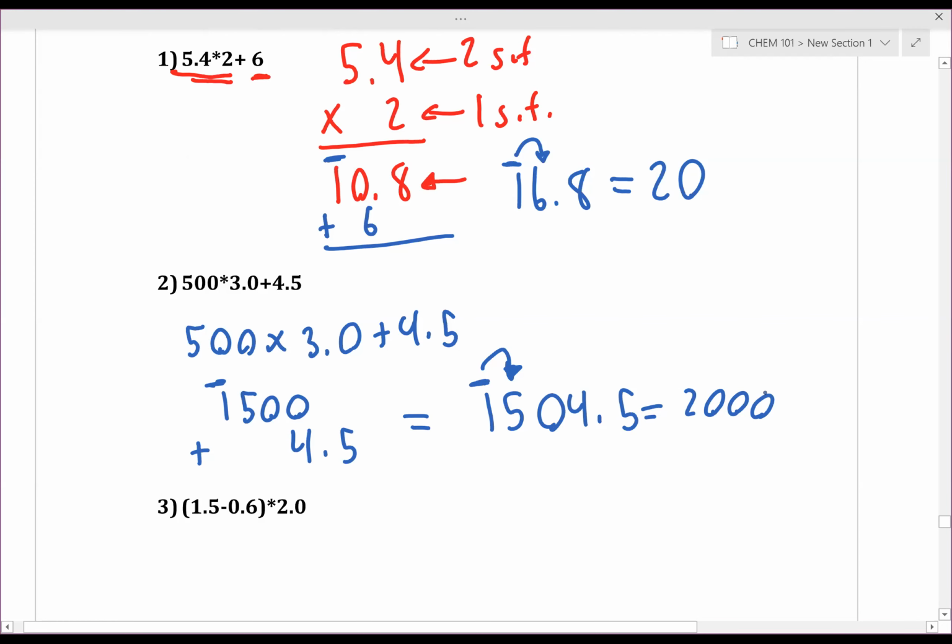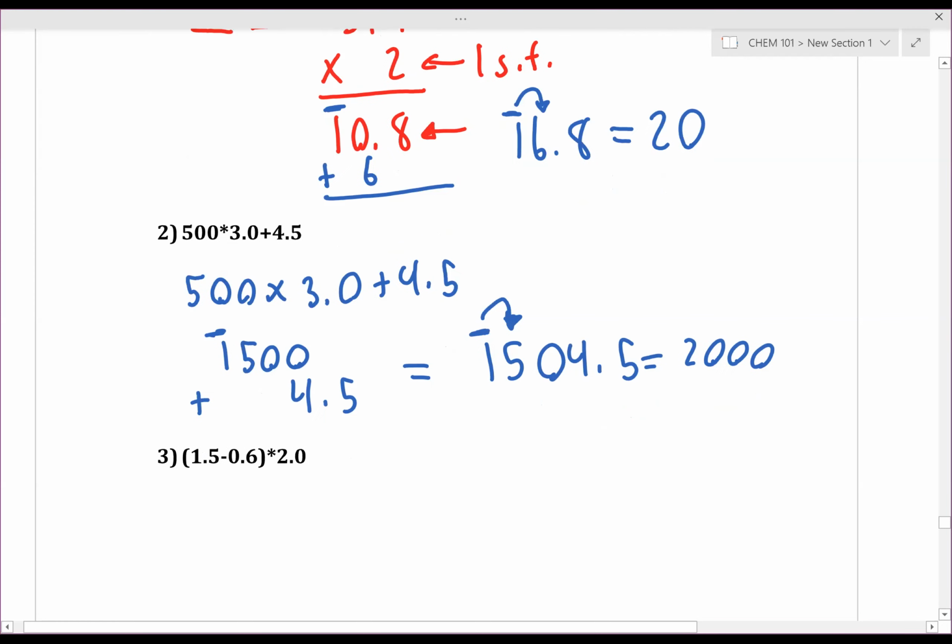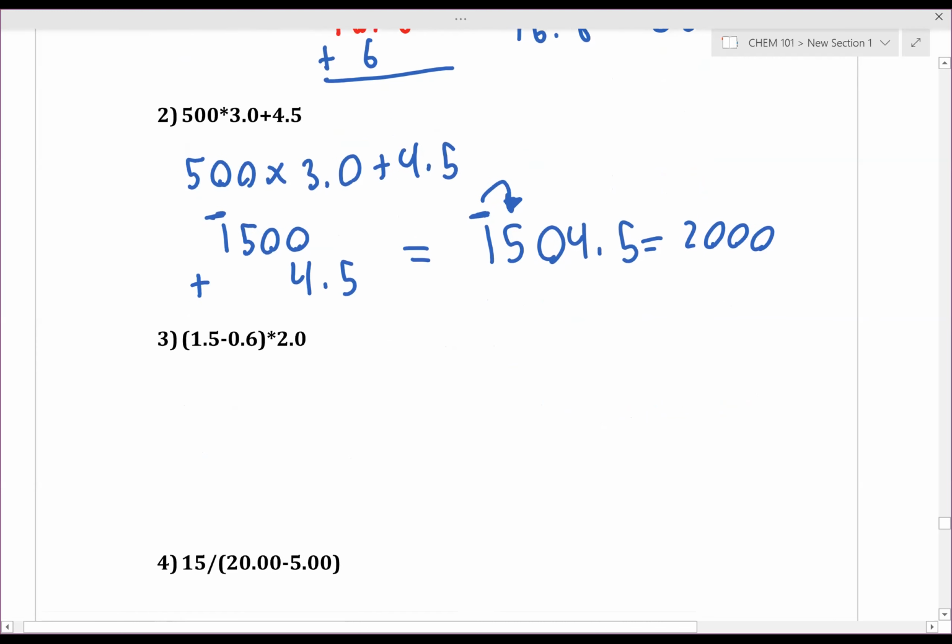Okay, let's continue on with these examples. So suppose we have 1.5 minus 0.6. In this case, we are doing a subtraction operation. So what do we care about? Decimal places. So how many decimal places do each of these two numbers have? 1.